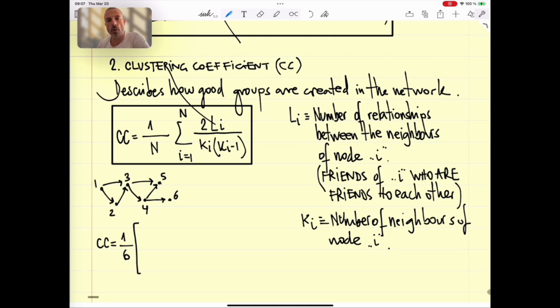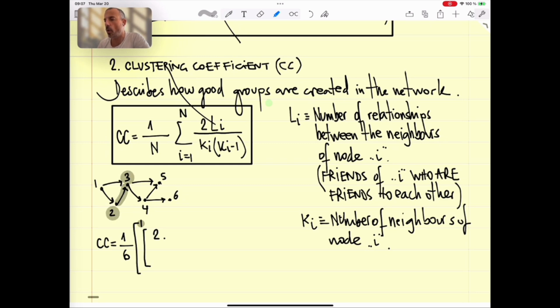So for node 1, the formula says 2. Okay, so it's 2 always. Times how many friends does 1 have? 1 has friends 3 and 2.